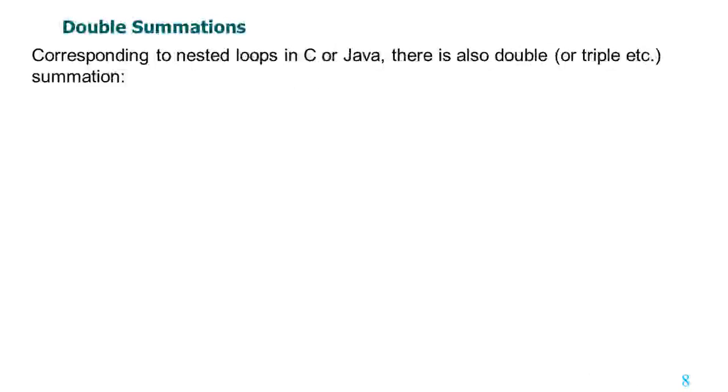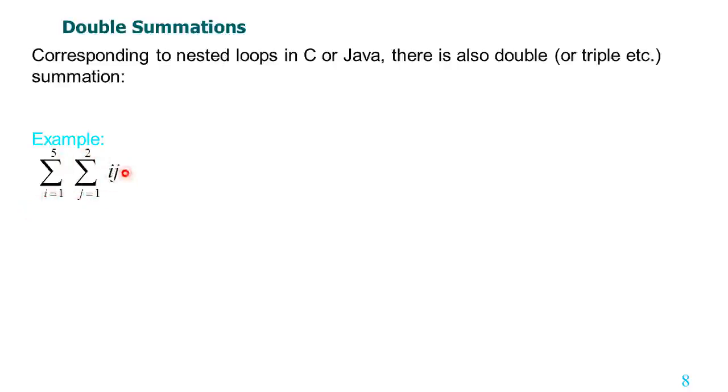Double summations. In programming, we use nested looping statements, that is a loop inside another loop. Here the same thing is represented in the double summation method. For example, there are two variables, i and j, where j is equal to 1 to 2 and i is equal to 1 to 5.